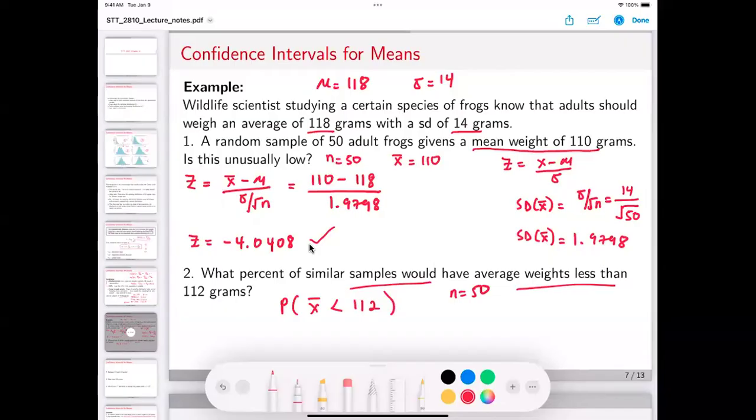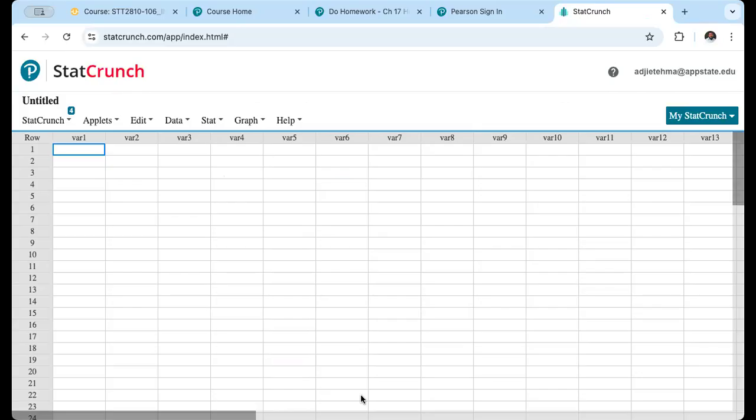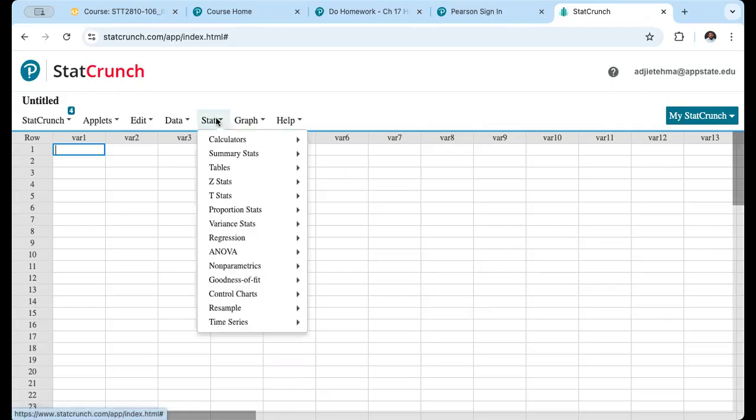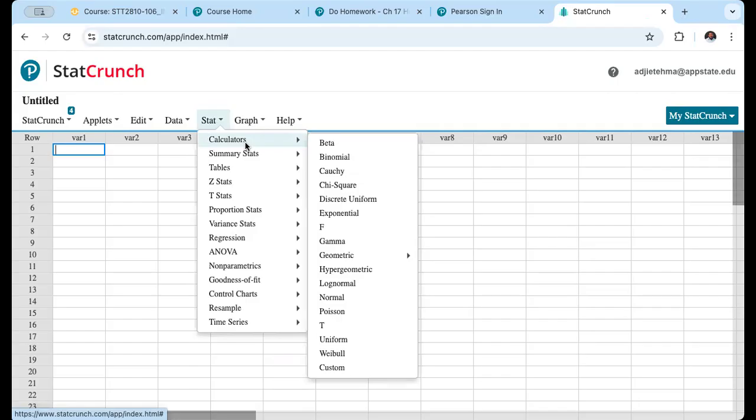So now open StatCrunch. So you see, I have my StatCrunch opened, and then all you have to do is go to Stats, Calculators, and then we go to Normal.